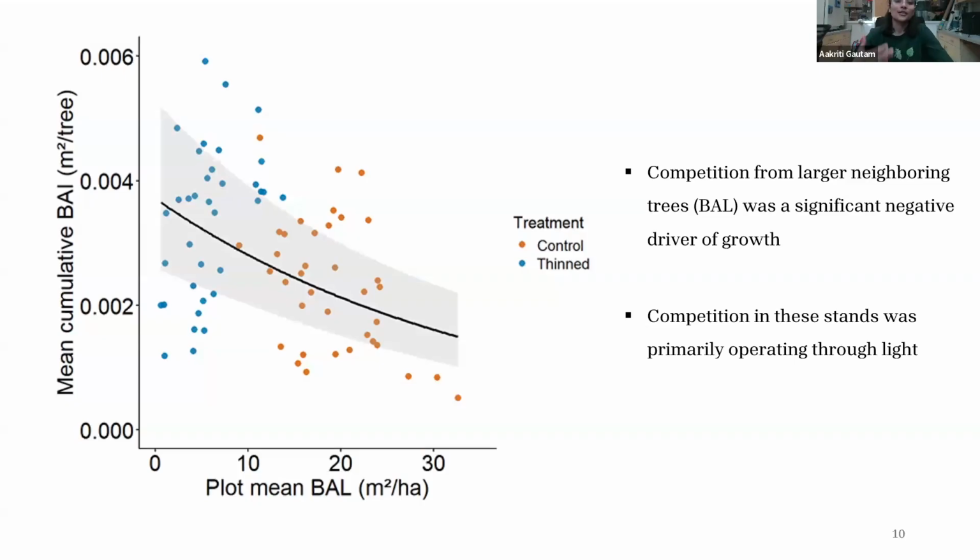Now, this led us to think about what was driving competition in our stands if none of the major resources were explaining the variation in the growth. So what we think here is that on such mesic sites like ours, where resources are usually not limited, competition shifts towards light. So the likely explanation here is that competition in these stands was primarily operating through light.